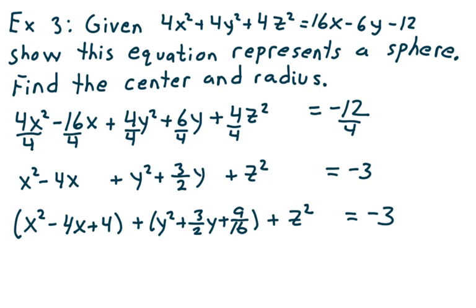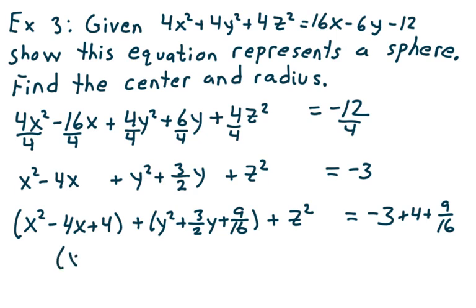But remember, you can't just do that. You can't just add 4 and 9/16 to one side of the equation without adding it to the other side. So in other words, I'm going to add 4 and 9/16 to the other side of the equation.